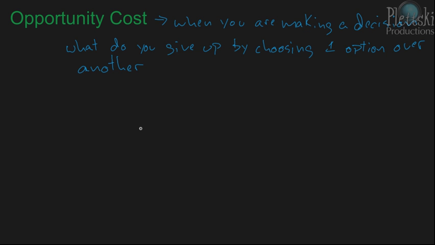Okay, so when you're making a decision, what do you give up by choosing one option over another? This can be explained with an example. Let's say you have two choices. Choice one is to sleep in.